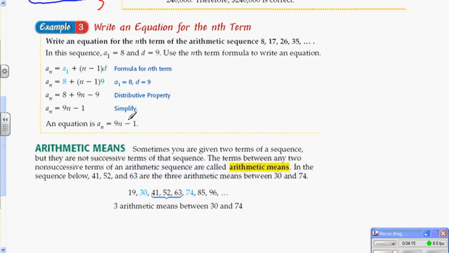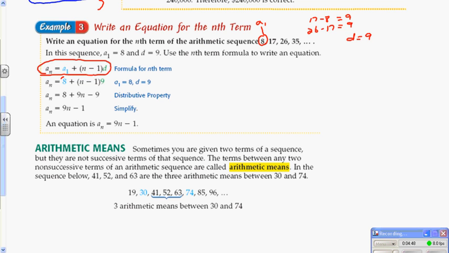An equation for the nth term. Okay, now they want us to fill in this equation. To do that, we need the first term. Here's the first one. We need to know the difference. So you take 17 minus 8, and 26 minus 17. Do you get the same thing? 17 minus 8 is 9. 26 minus 17 is 9. We do, so D is 9.